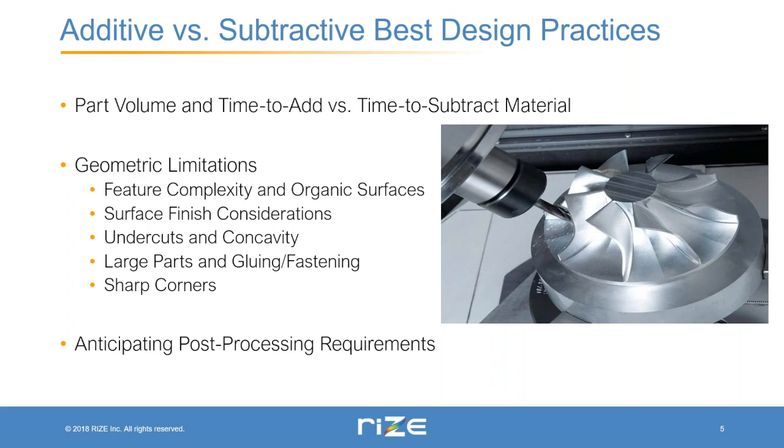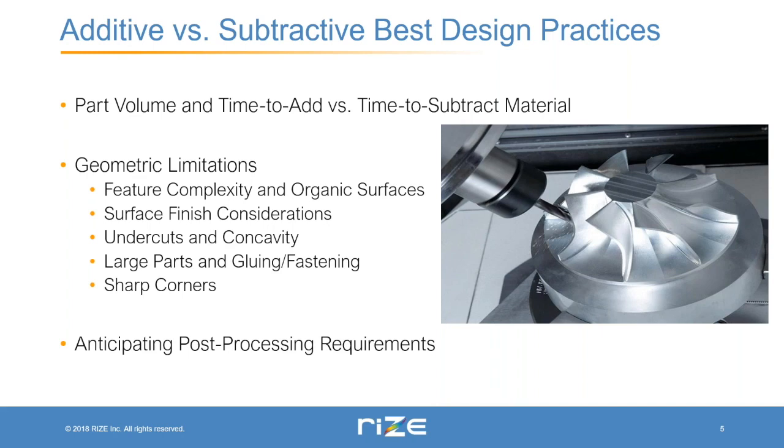You don't have to worry about the limitations of tools that you would be using to remove material. So the types of tools that you're using to remove material with subtractive manufacturing will have certain limiting diameters and other geometric features that prevent them from producing such small features and in such high volumes as you would be able to with additive manufacturing.